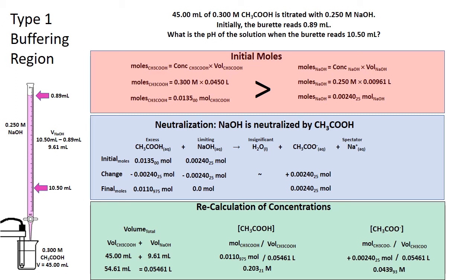This is what we did in the blue region, and how much additional acetate ion we produced. And then finally, in the green region, we recognized that in order to recalculate the concentrations of these constituents, we needed a new total volume because we've combined two different solutions, and then we recalculate these concentrations of both the acetic acid and the acetate ion using the new volume and the moles that we determined above.